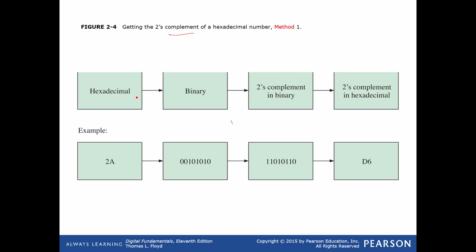We take the number in hexadecimal, change it to binary, get the binary 2's complement, and convert it back to hexadecimal. Let's look at an example. Let's say somebody gives us 2A. In binary, we know 2 is 0010, and A is 1010. You see it here. So this is the equivalent. We need to remember this representation, but with experience, it is easy.